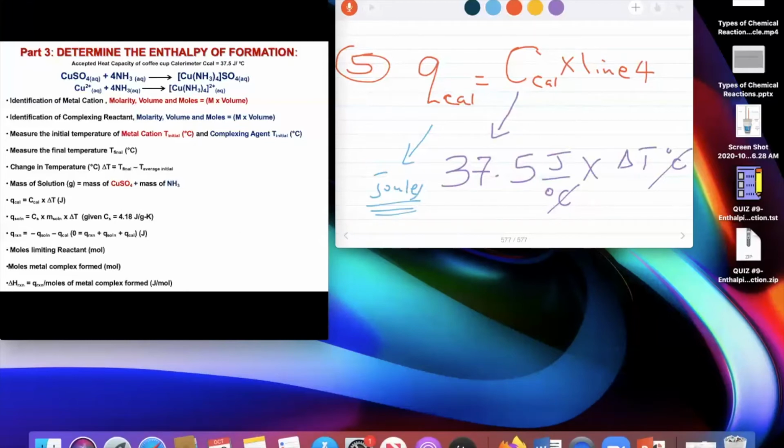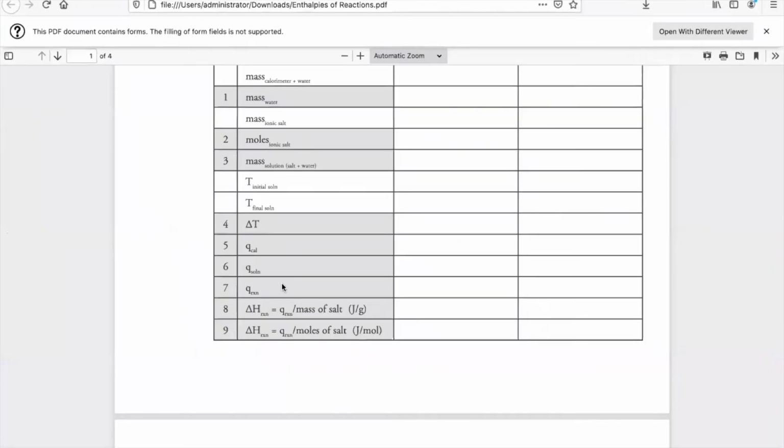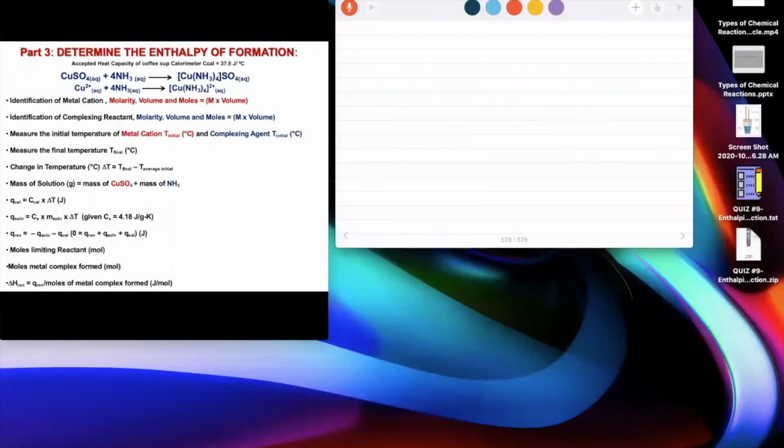So moving on to line 6. We know the calorimeter. Q for the solution is given by the mass of the solution.